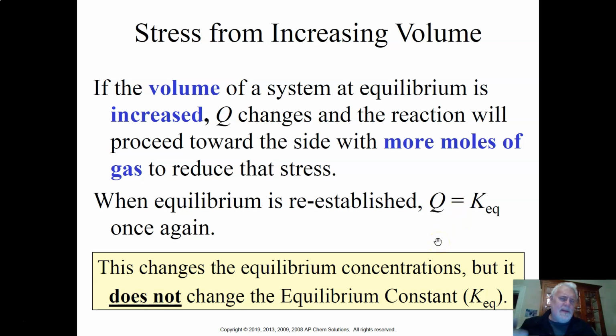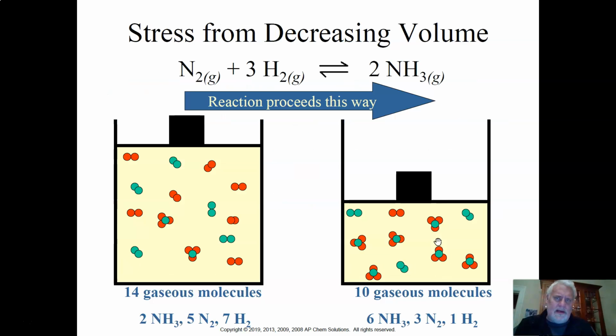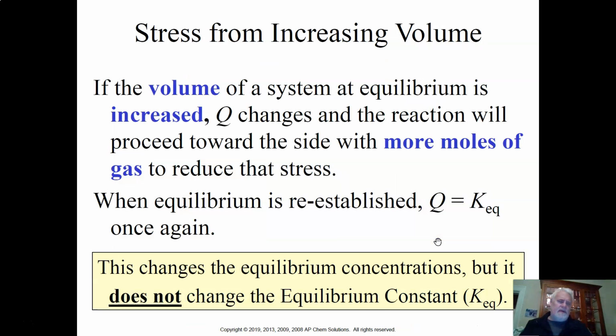So I always say with an increase in volume or decrease in pressure, it'll be the opposite of this one, where decreasing the volume, it just makes more sense. Okay, so just remember the opposite of that, it will behave in an opposite manner.